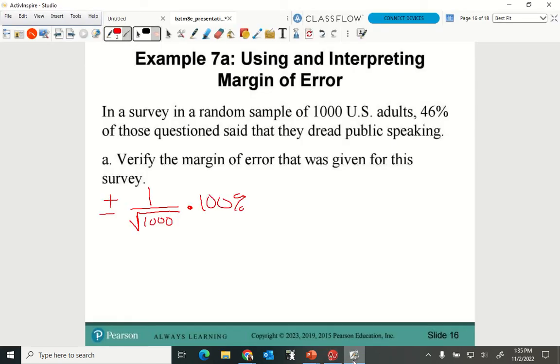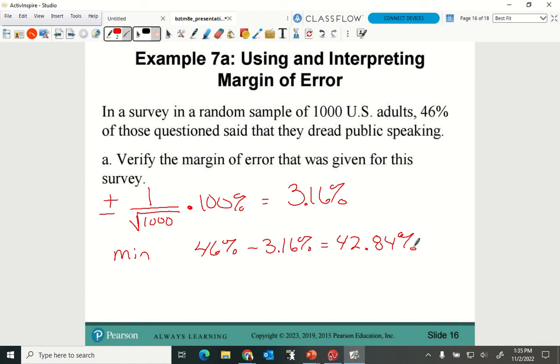I'll show you what we do with that. So my minimum would be 46% minus 3.16%, which is going to give me, what's that, 42.84%.